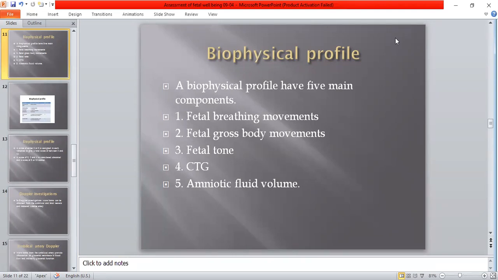The biophysical profile has five main components. Four are the acute fetal variables, and the fifth one is the amniotic fluid volume. The four fetal variables are the fetal breathing movements, the fetal gross body movements, the fetal tone, and the fetal CTG.